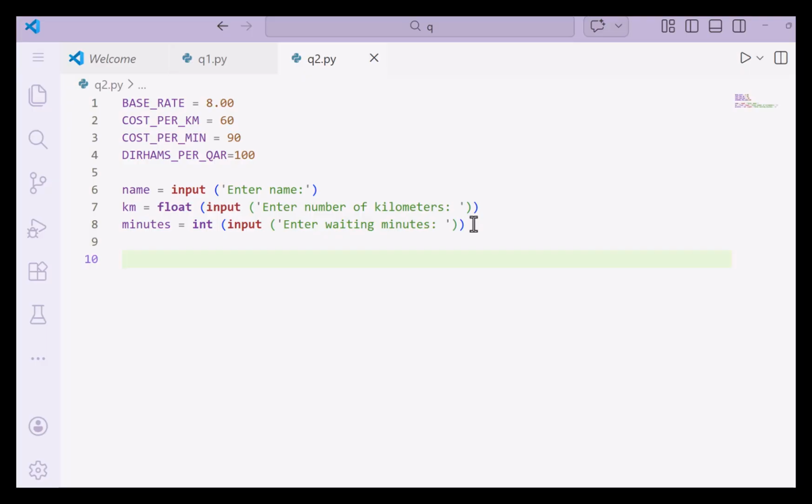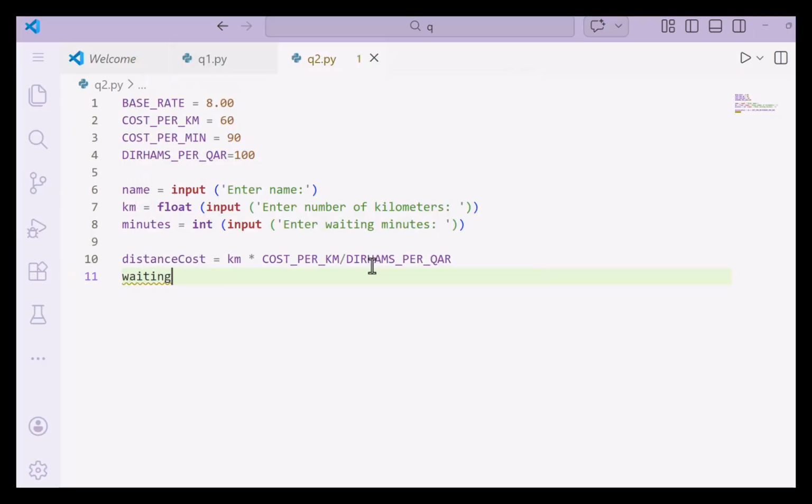That's it. Now we know all the input, no validation required. We know all the constants. So let's calculate, for example, the distance cost, because at the output we need to specify distance. Distance cost is equal to kilometers times cost per kilometer, which is 60 dirhams. Of course, you need to divide it by 100 because we need the cost to be in riyals.